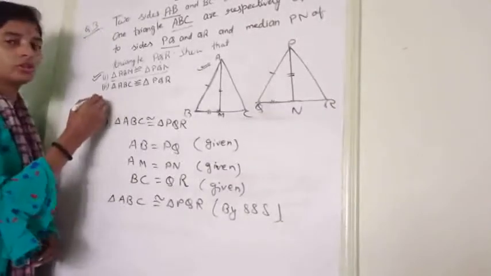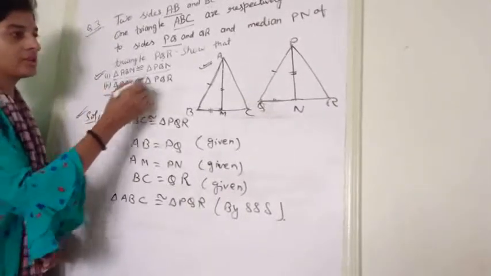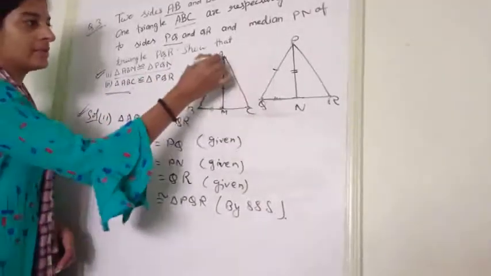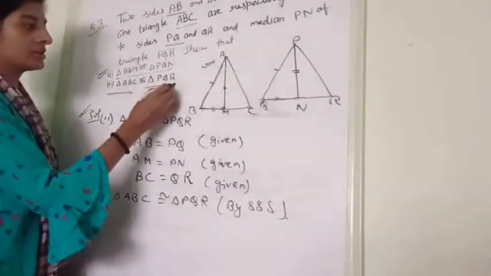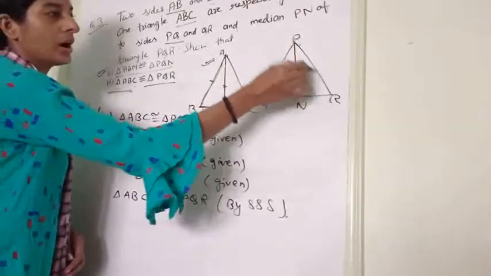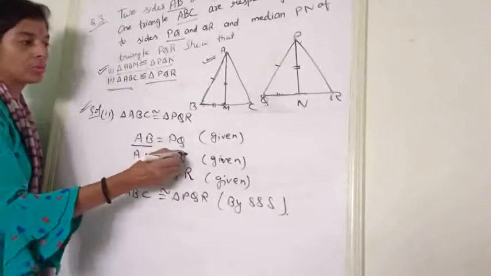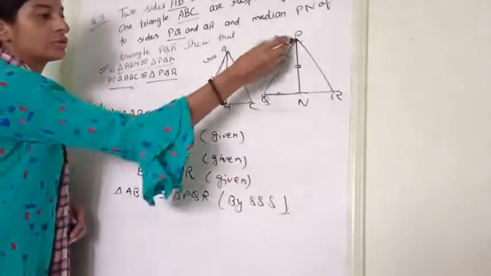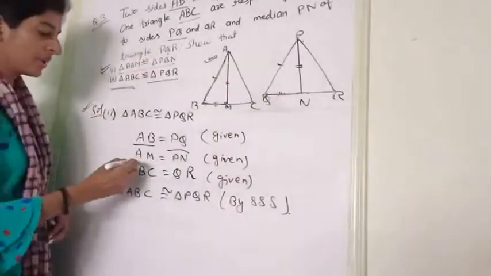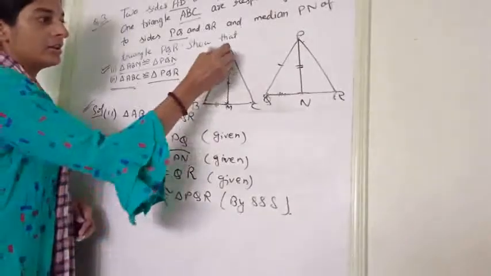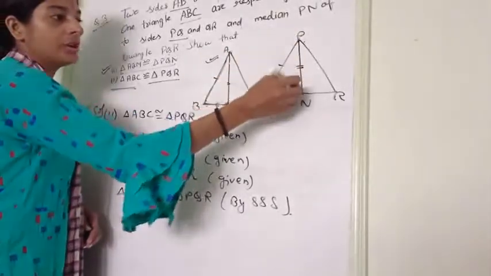Now come to the second question. This complete triangle ABC, we have to show that it is congruent to triangle PQR. Now come to the conditions. AB is equal to PQ. These are given. AM is equal to PN, the median AM is equal to the median PN.